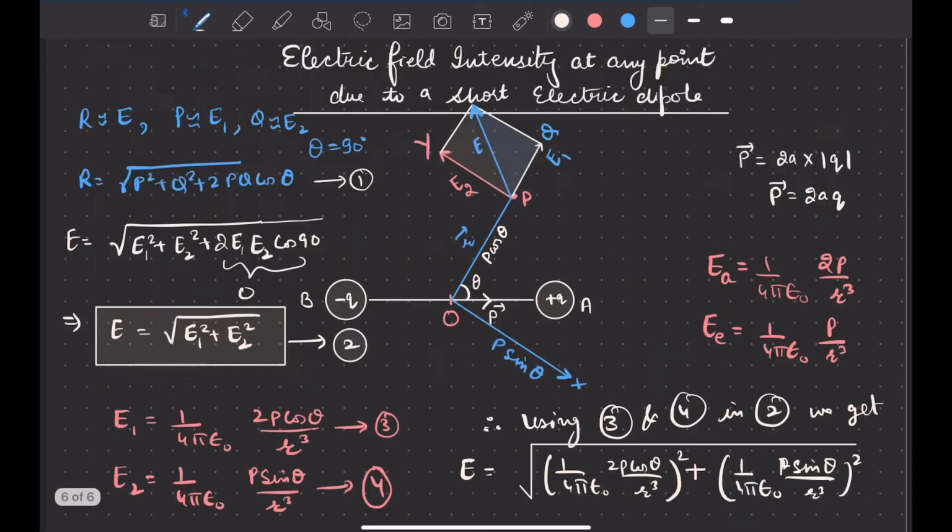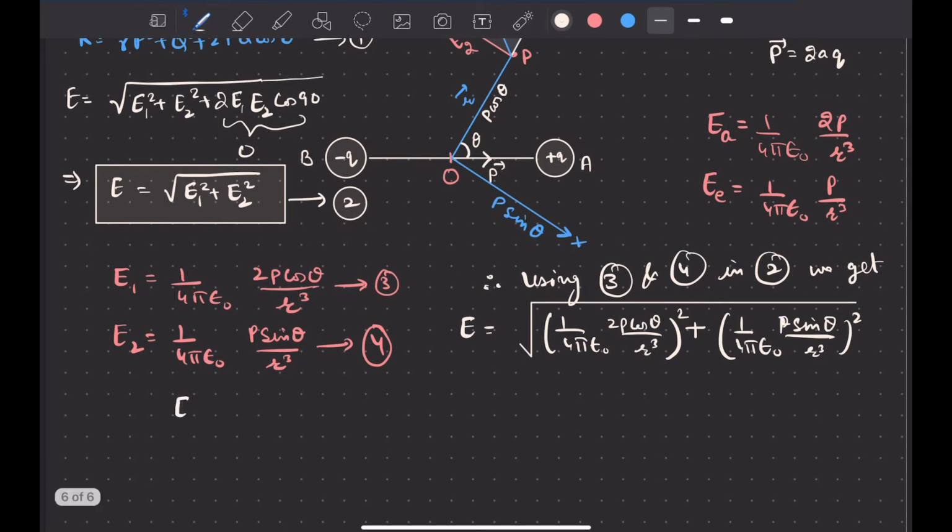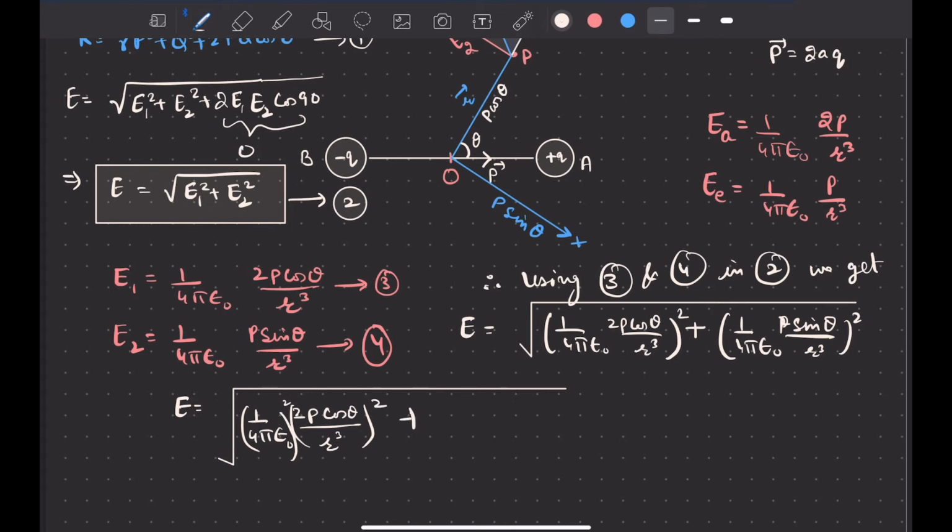So solving this equation we will get E is equal to under root of 1 upon 4 pi epsilon naught 2p cos theta upon r cube, and I am just separating out this square value and whole square, and like this in the second term again I can take it as 1 upon 4 pi epsilon naught whole square p sin theta whole square and separating r cube whole square.